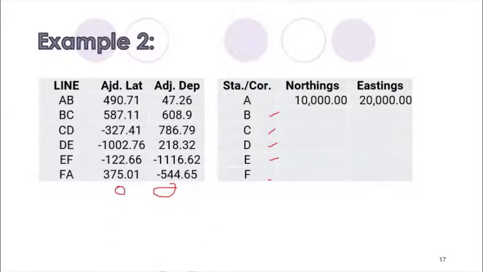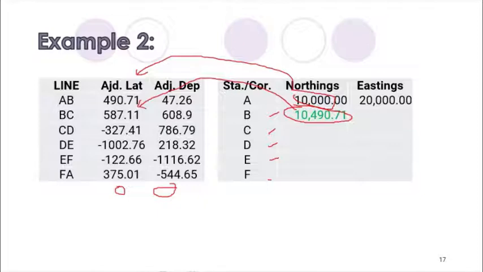Okay, so in here, that would be 10,000, no? 10,000, and then you have plus the latitude. Okay, then you have that answer. So next would be 10,490.71, then plus this one, and then you have 11,077.82.